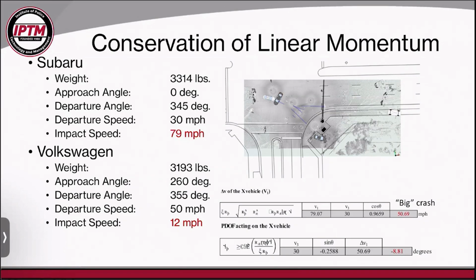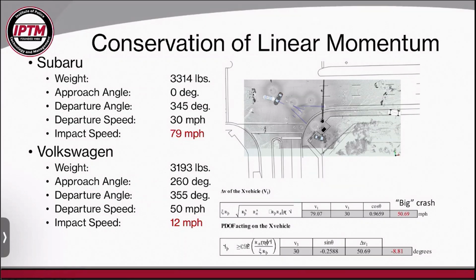This is us just kind of trying to figure out what speeds we've got. We haven't gotten into an event data recorder or anything like that yet. We're just looking at what the physical evidence tells us and how we're able to interpret that evidence. And these were the angles and the weights that were used based on our research of the vehicles, along with identification of the roadway evidence.